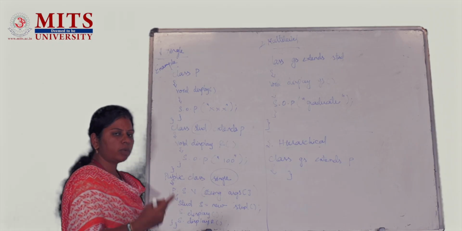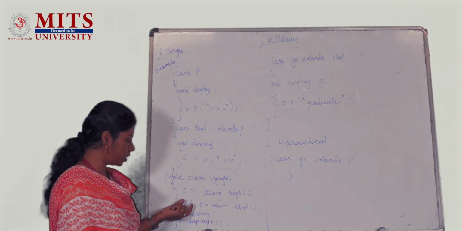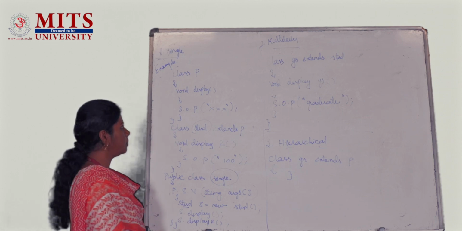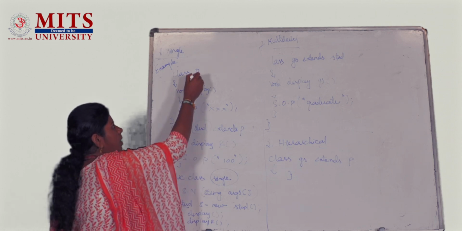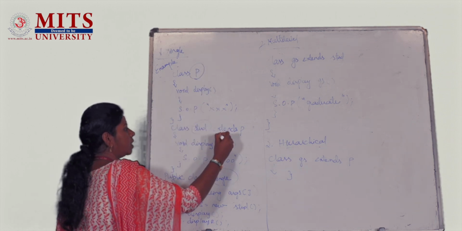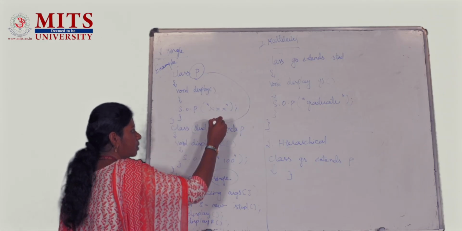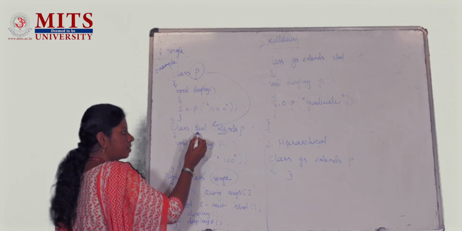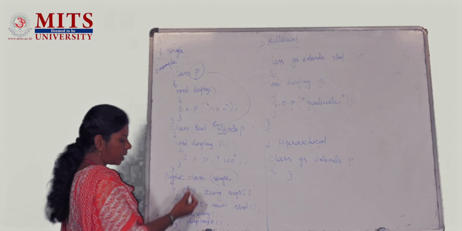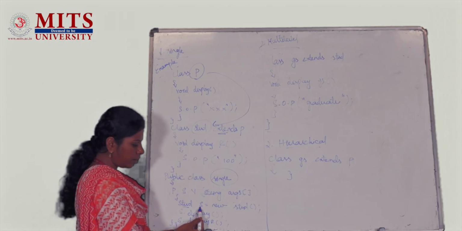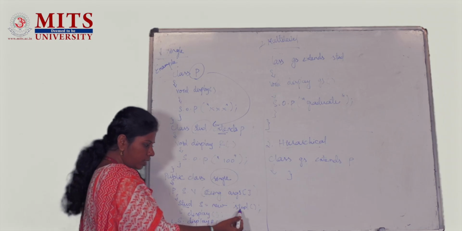Within that, we have to create an object. How are we going to create an object? By using a class name. What is our class name here? P, but here we are using the extends keyword, so for that purpose we use the subclass name. What is our subclass name? Student, followed by the object name s, equal to new student.